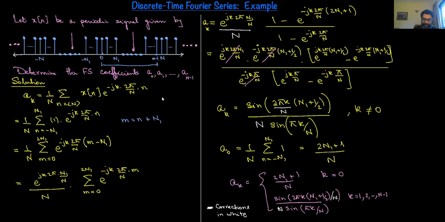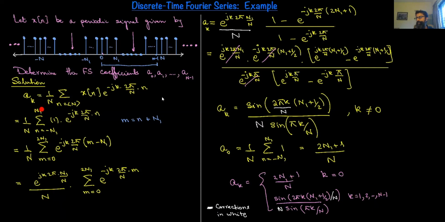Otherwise, if I 0 से capital N minus 1 करता, then I would have had a summation from 0 to n1, and then from here to n minus 1. And that would have been a little bit more tedious. I mean, it would have been doable, but would have been more tedious. और मुझे change of variables करने पड़ते और कुछ उधर लेके आनी चीजें पड़ती हैं and so on and so forth. That would have been more tedious. This becomes easier क्योंकि यहाँ पे मेरे पास continuously ones जो हैं वो एक ही summation के अंदर आ जाएंगे, ठीक है? That's why I've chosen this interval from minus n1 to plus n1.